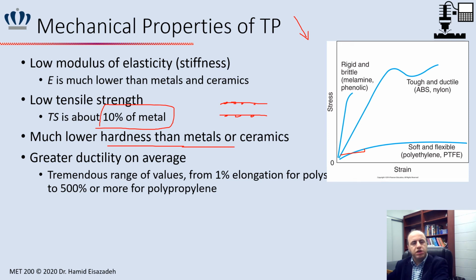And also the increased temperature reduces this secondary bond, and these adjacent chains can freely move on top of each other when we increase the temperature.